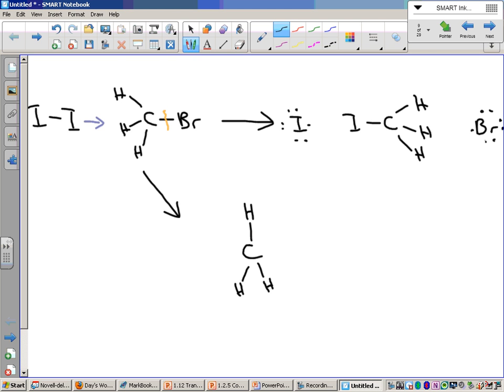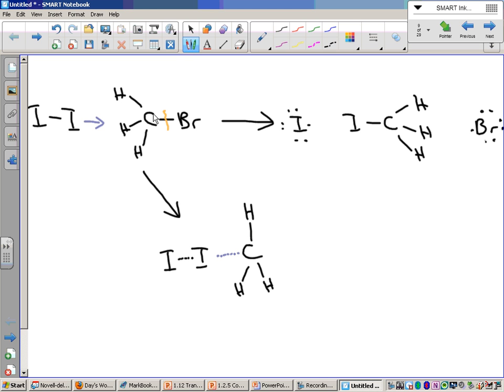Because now the iodine is coming along here, and its bond is breaking. I put that now as a dashed bond, and I'll change colors here. We have a bond here that's forming. This bond is breaking, and this bond is forming.